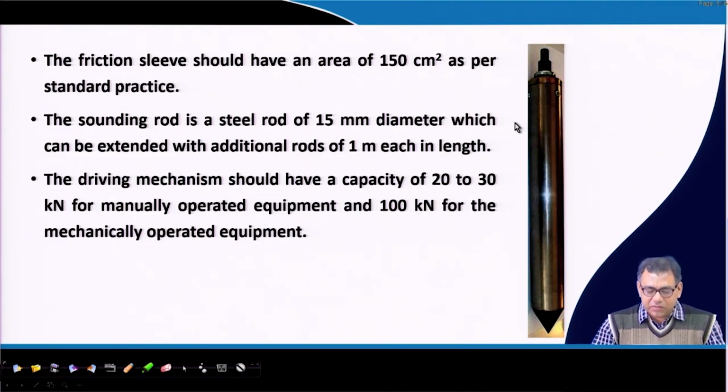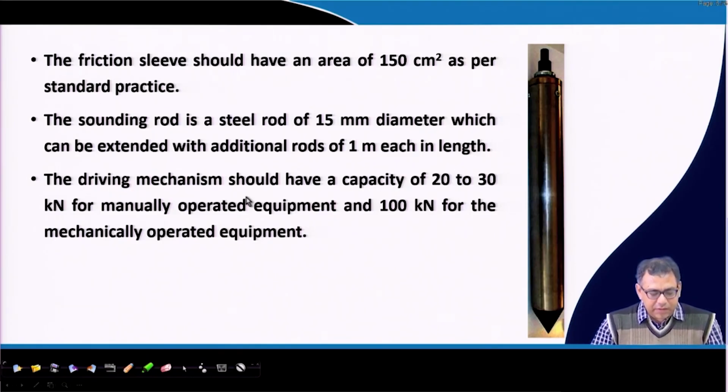Generally this length is 1 meter each, but we can extend it by attaching additional rods, as I mentioned. So, this is the rod, you can attach another one, and then you can go up to the required depth.